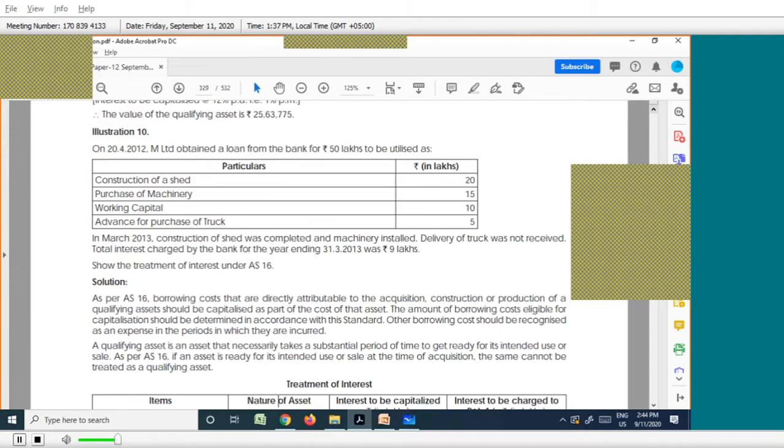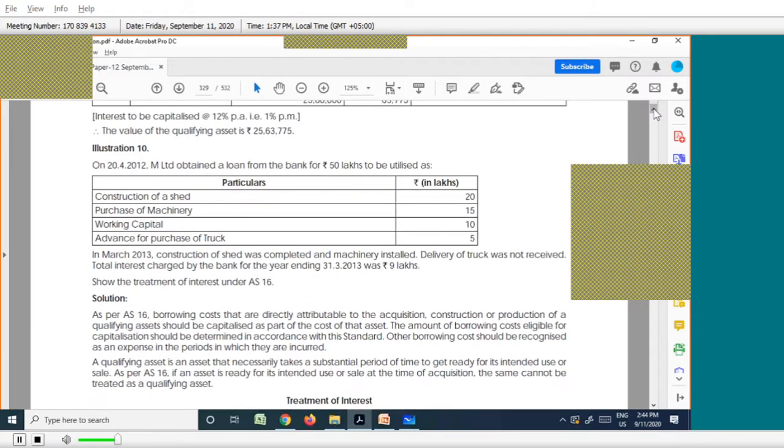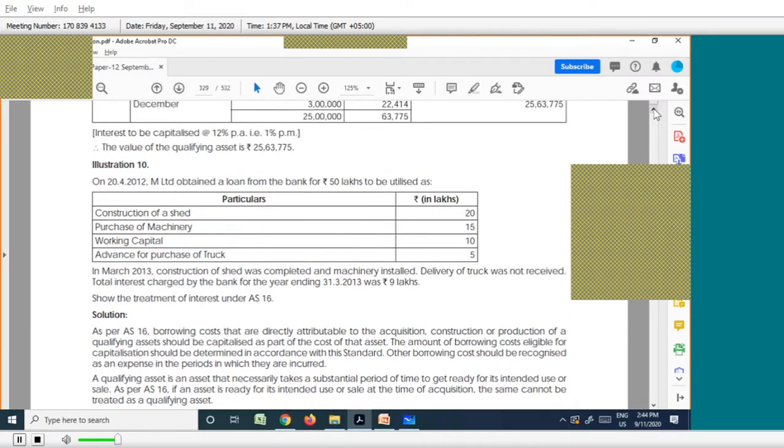So take your material, go to illustration 10 and just go through the question first. After reading the question, you should think whether there is a qualifying asset or not.